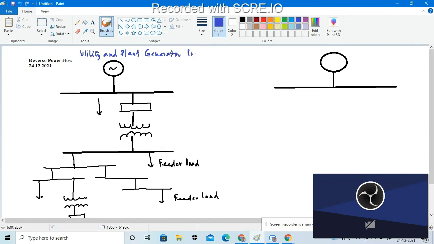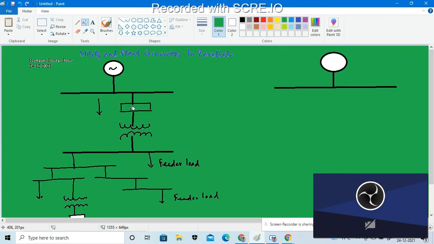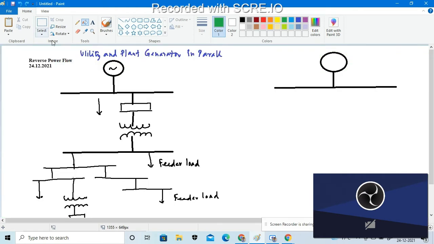Okay, which will be connected in parallel, right? So here, yes, the green part.